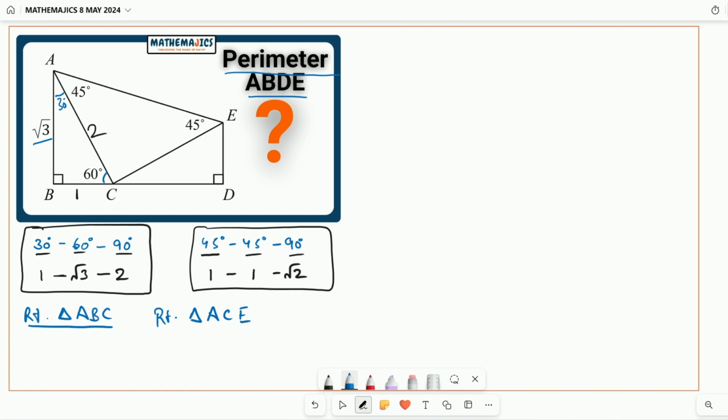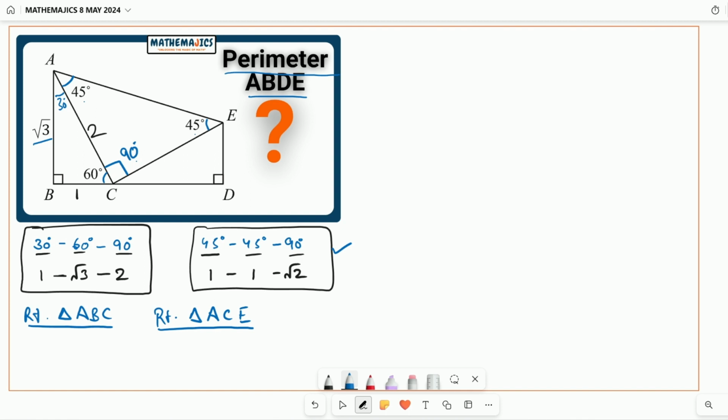Now let's come to right triangle ACE. Why did I say that this is a right triangle? Please see, this is 45, this is 45. So with 45, 45, this has to be 90, because 45 plus 45 plus 90 add up to 180 degrees. The sum of angles in a triangle is 180 degrees. Now we have the ratio 45, 45, and 90.